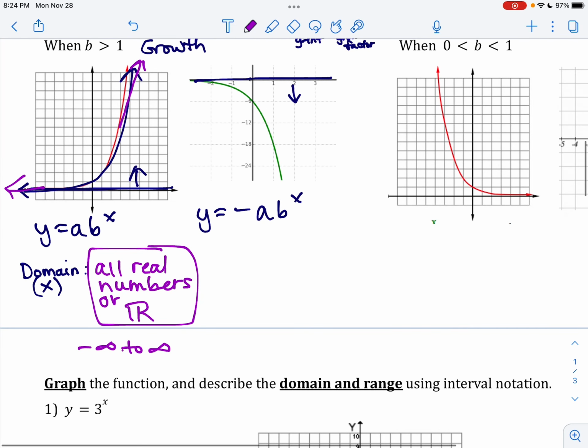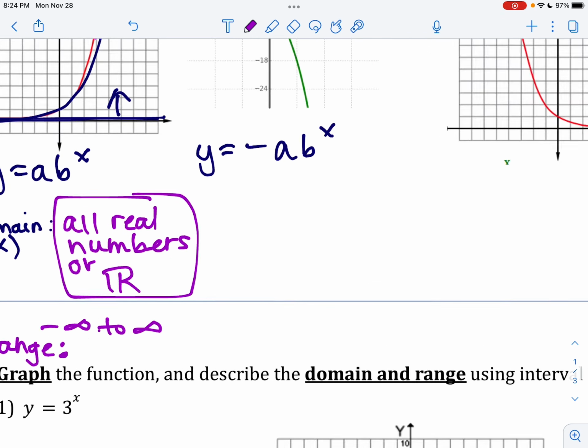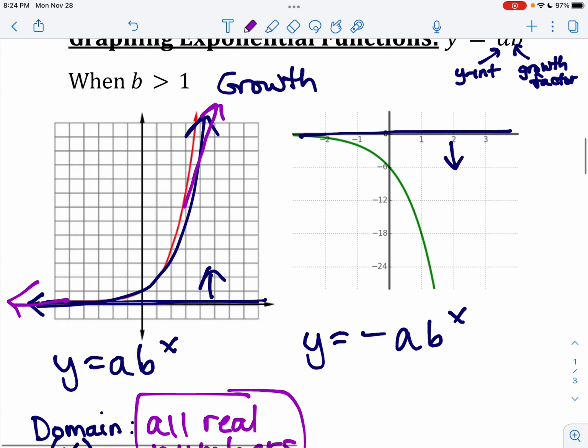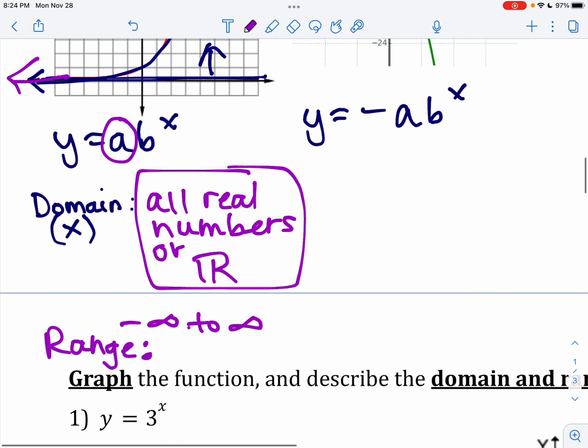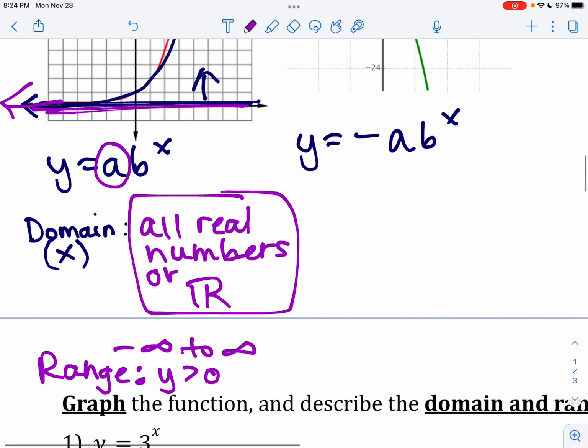Okay, the range is going to be different. So the range on this first one, when the a value is positive, the range is always going to be y is greater than 0, because the graph is always above the x-axis, which is y equals 0. So if that's the case, the range is always y greater than 0.